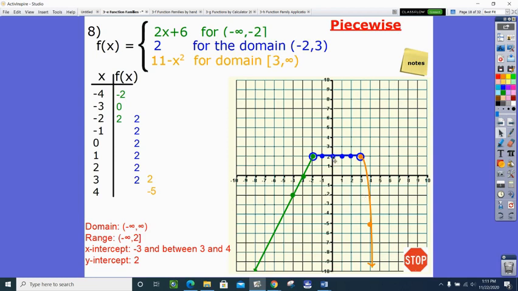So we've introduced you to 8 different families of functions. And for 7 of them, I was able to give you what is called the parent function. It's the most basic function. So you have an idea when you see a certain function rule what the graph should look like.